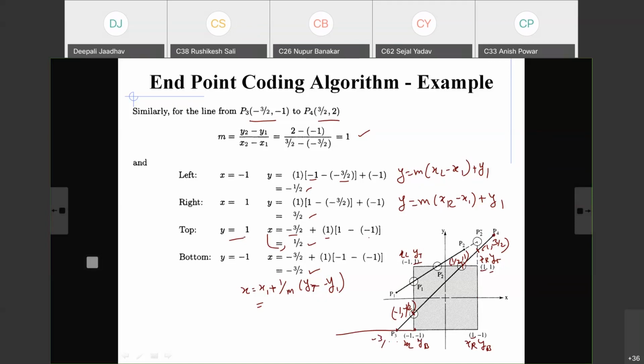That is the point P3, correct? As it is, it touches the bottom at minus 3 by 2, minus 1. You can observe here directly. So at the bottom it touches minus 3 by 2 on the x-axis and minus 1 on the y-axis. In this way we will get all the intersections of left, right, top and bottom.